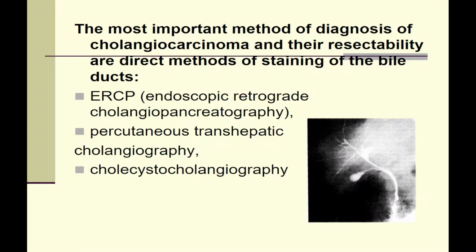The most important methods of diagnosis of cholangiocarcinoma and its resectability are direct methods of contrasting the bile ducts: endoscopic retrograde cholangiopancreatography, percutaneous transhepatic cholangiography, and cholecystectomy cholangiography.